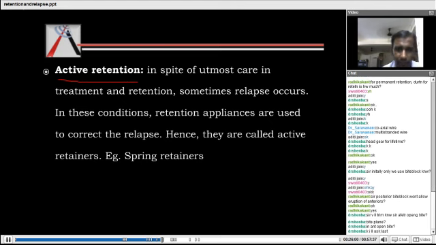Active retention is basically your fixed retention or spring retainers where you can bring about tooth movement. You have a spring placed for the tooth movement. That is called active retention.